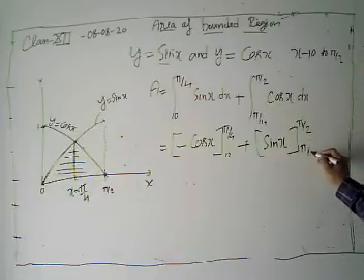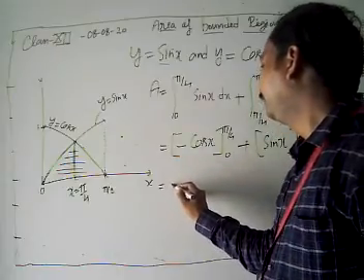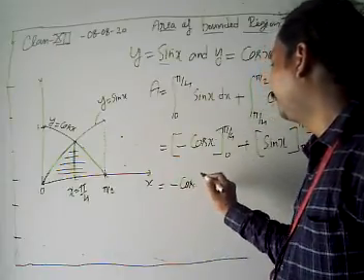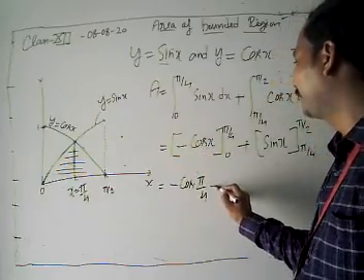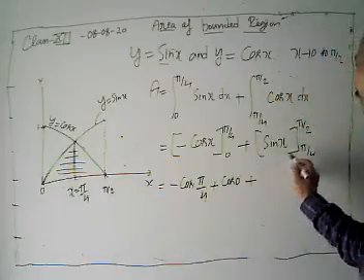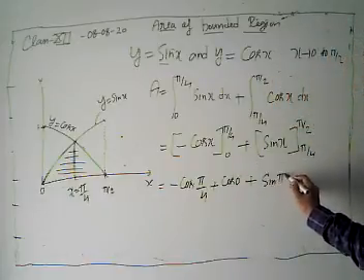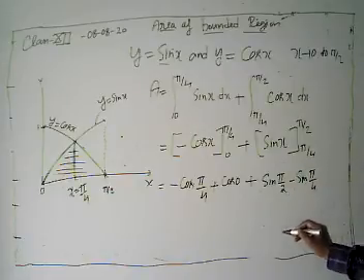Now put in the limits: minus cos of the upper limit pi by 4, then minus, but there is already a minus, so plus cos 0, plus sin pi by 2 minus sin pi by 4.